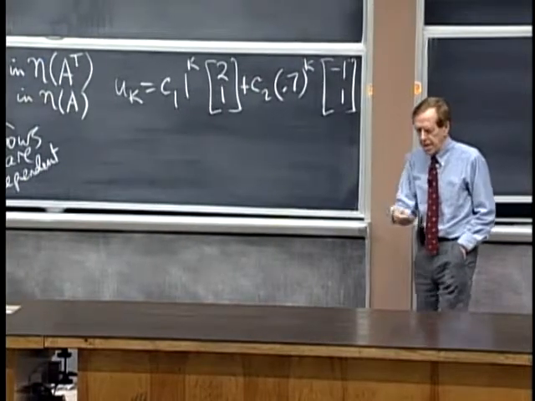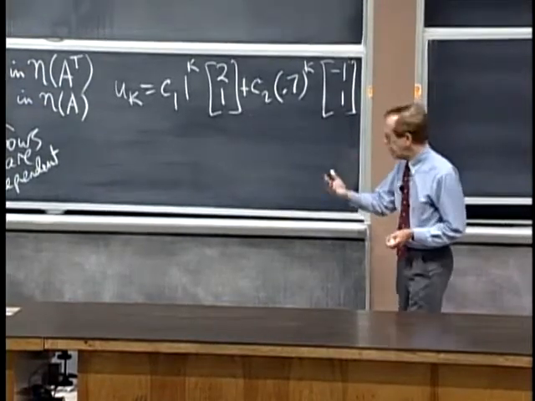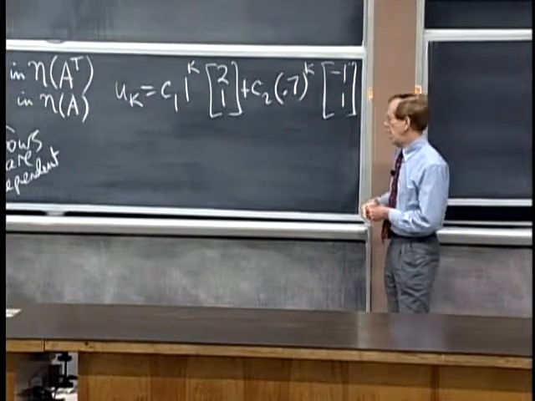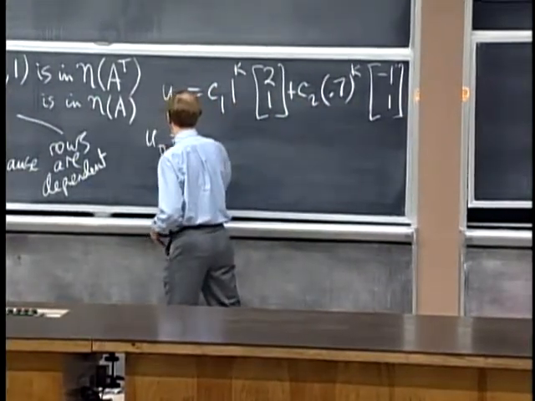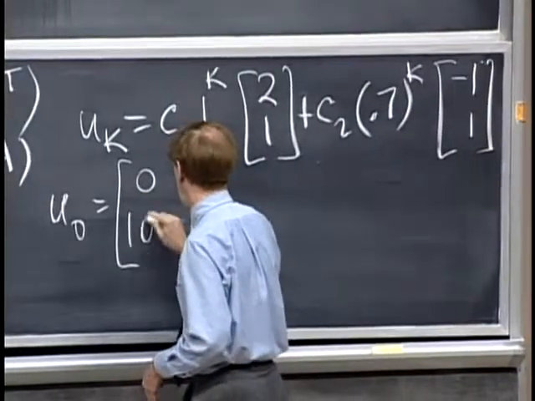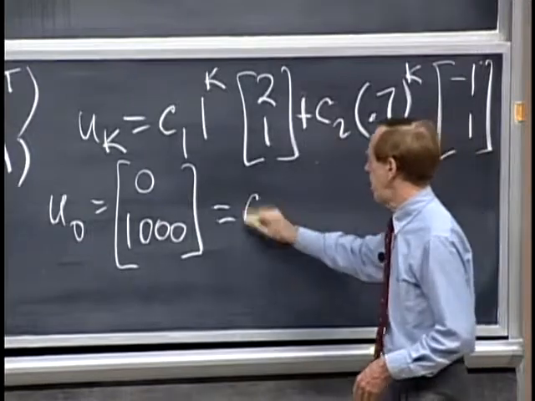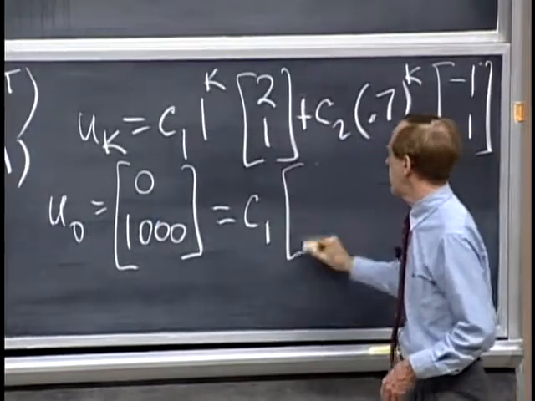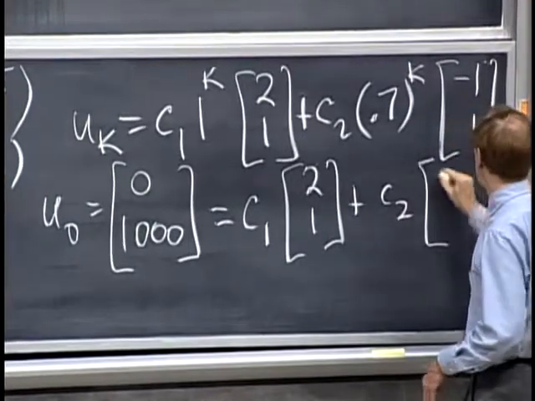This is how powers of a matrix work. When I apply those powers to U0, which was 0, 1,000, that has to be correct at k equals 0. So I'm plugging in k equals 0, and I get C1 times 2, 1, and C2 times minus 1, 1.